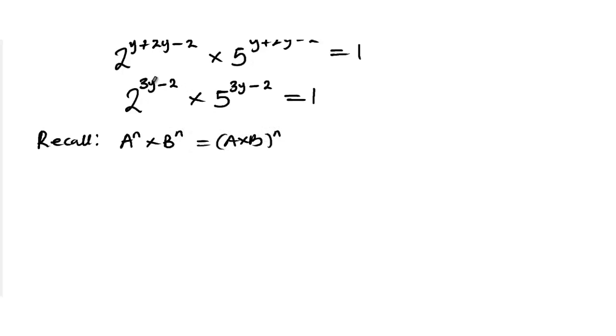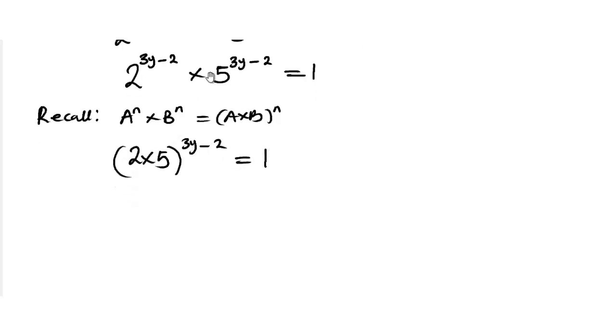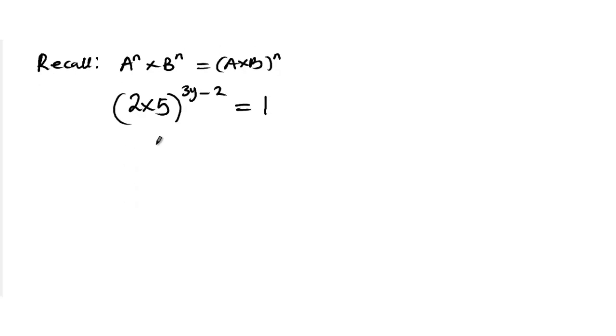That's the logic here. They have the same power. So I can therefore say 2 times 5 raised to the power of 3y minus 2 is equal to 1. So 2 times 5, that is 10 raised to power 3y minus 2 is equal to 1.